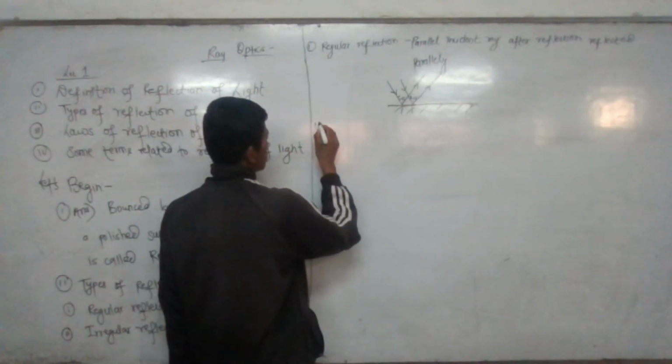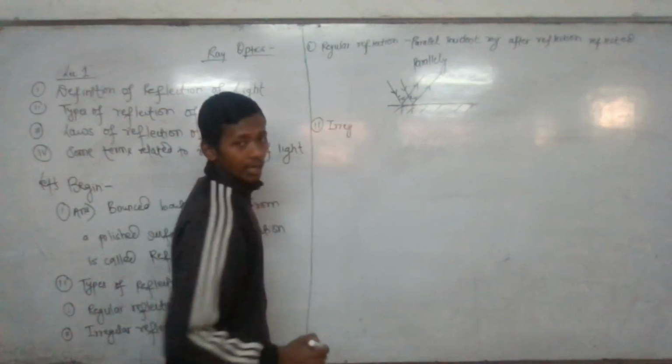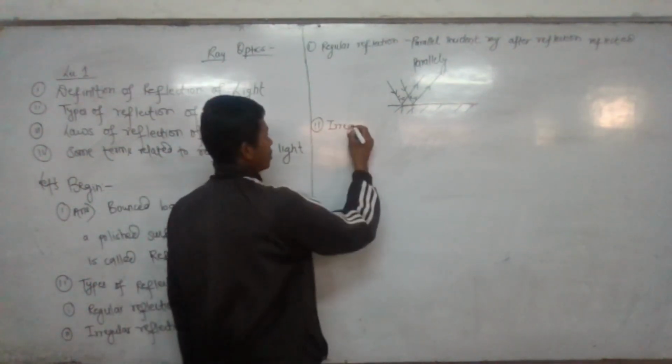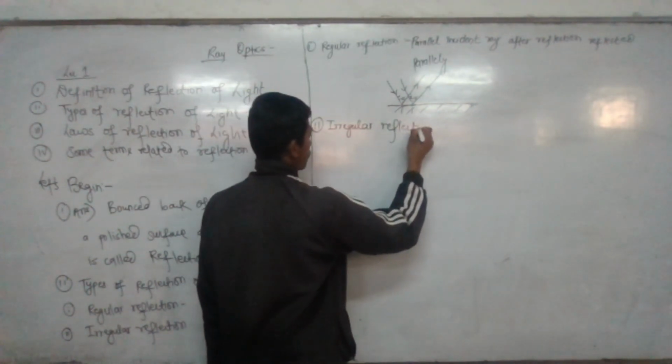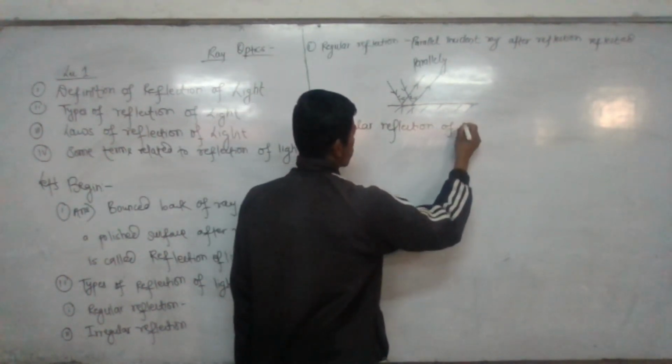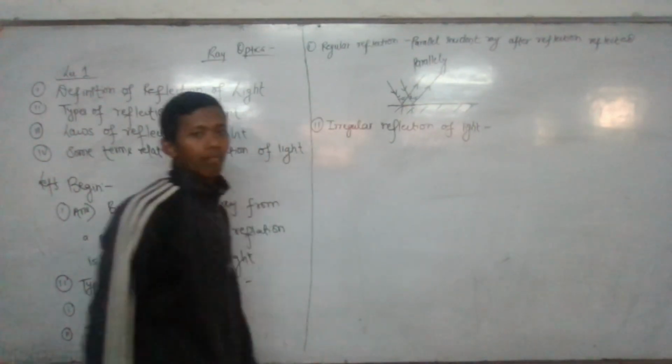Now, let's see irregular reflection of light. What is meant by irregular reflection of light?